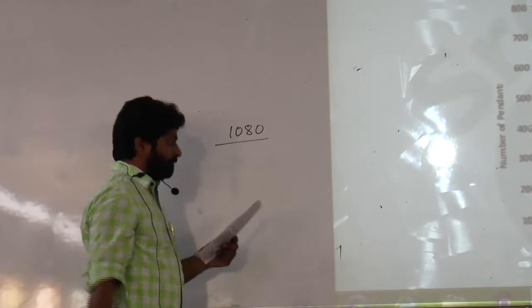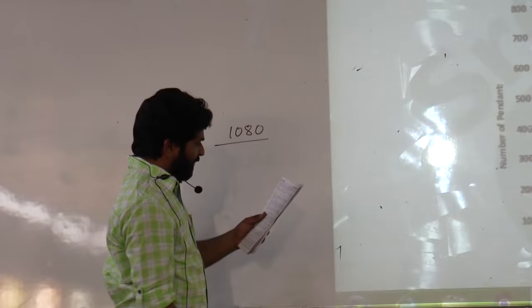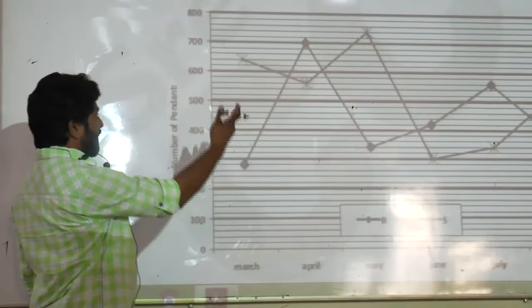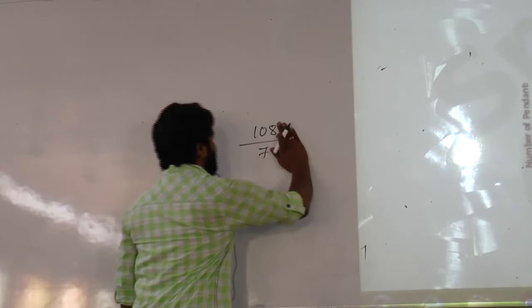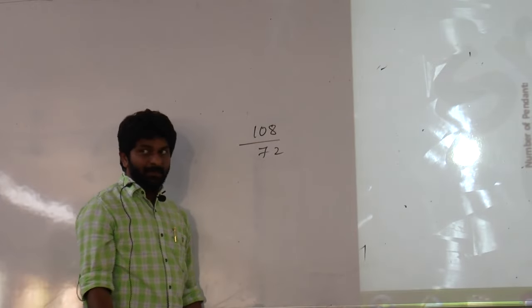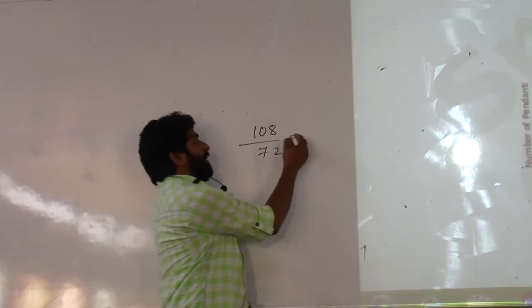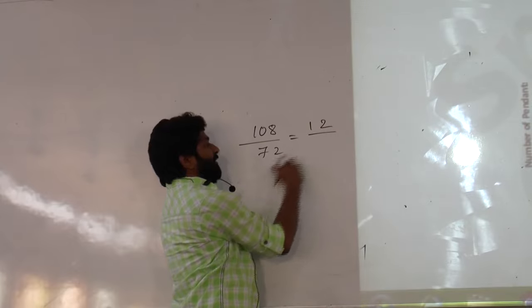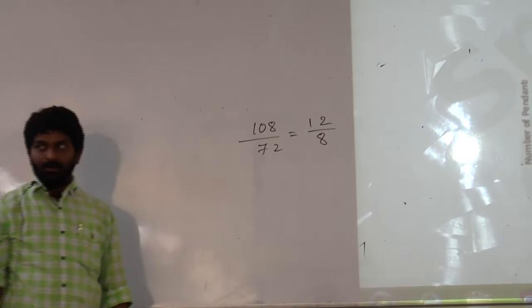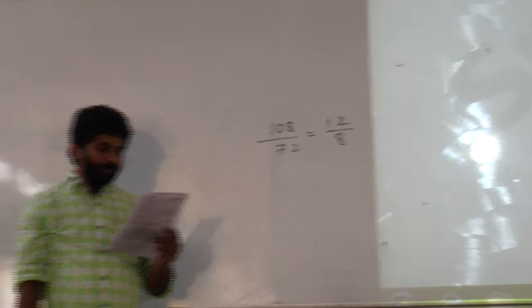Divided by the other value in June. In June we have one value 300, the other one 420. Total 720. First of all, 0 gets cancelled. Both are 9 multiples, right? This is 12 times and this is 8 times. 12 by 8, cancellation with 4, 3 by 2. 3 is to 2.